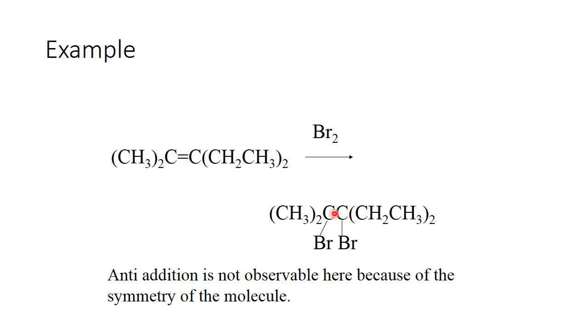There's just a single bond now here between these two carbons. And so this is the first step for you to understand that that double bond is broken. One bromine goes on one side and one bromine goes on the other side. Right here, we're not worrying about anti-addition because you can't even see it with this symmetrical molecule. But I want you to understand this first step right here.